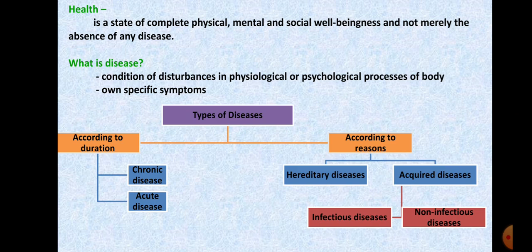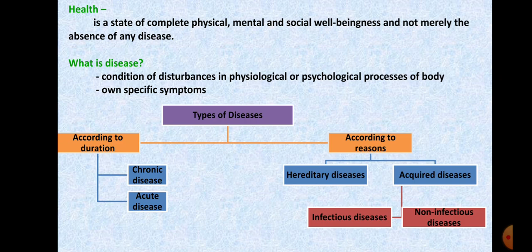So first is according to duration. According to duration, the diseases are of two types: chronic diseases and acute diseases. Chronic diseases means which are there for a short period of time, and acute diseases means which remain in our body for a very long duration. So these are the two types of diseases on the basis of their duration.